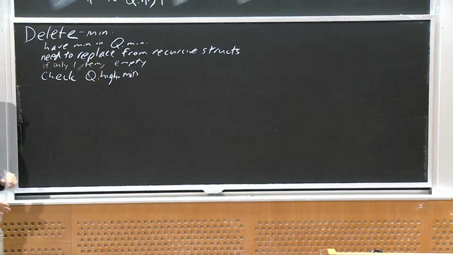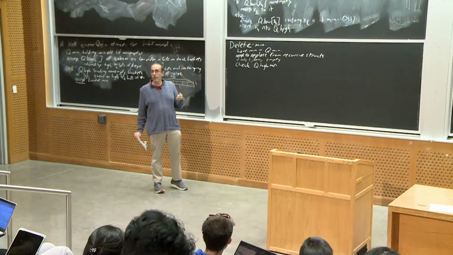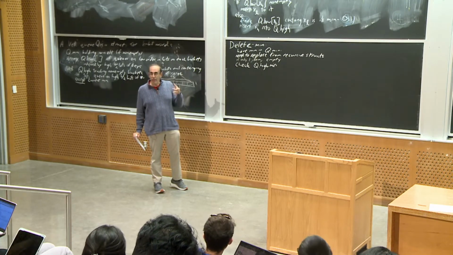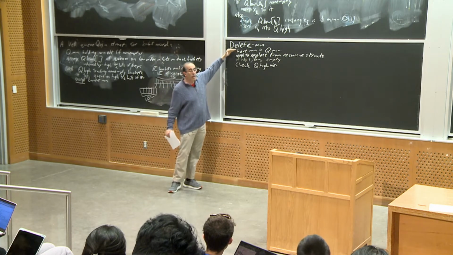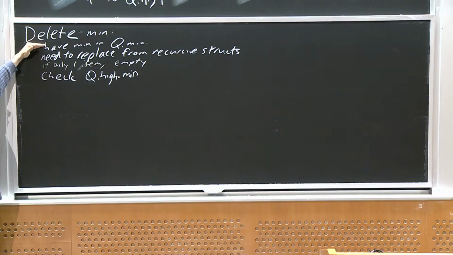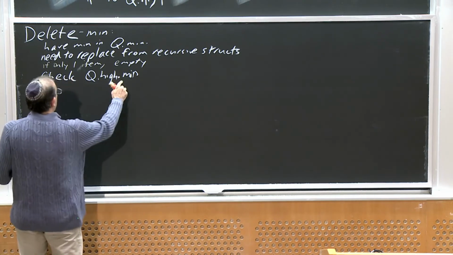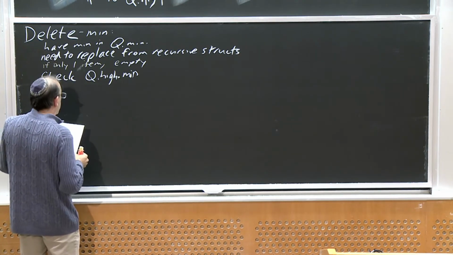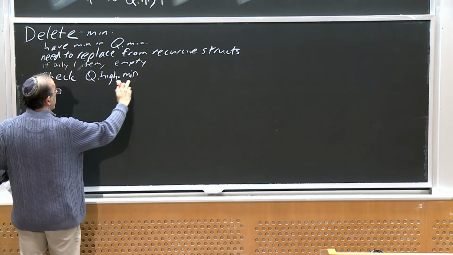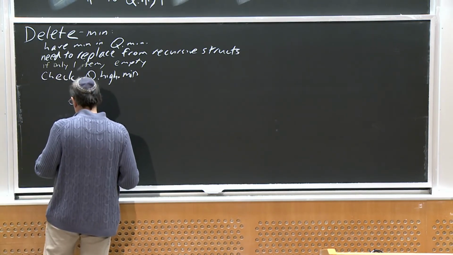So I need to know what is, again, I'm doing a find min first as opposed to delete min, right? I'm asking what is the smallest set of high order bits that exists in the recursive data structure. So notice this is asking, the minimum element is not in the recursive data structure. So I'm simply asking, of all of the other elements, what is the smallest collection of high order bits, right? So I'm going to ask if there is something in the min container of the q.high, right?